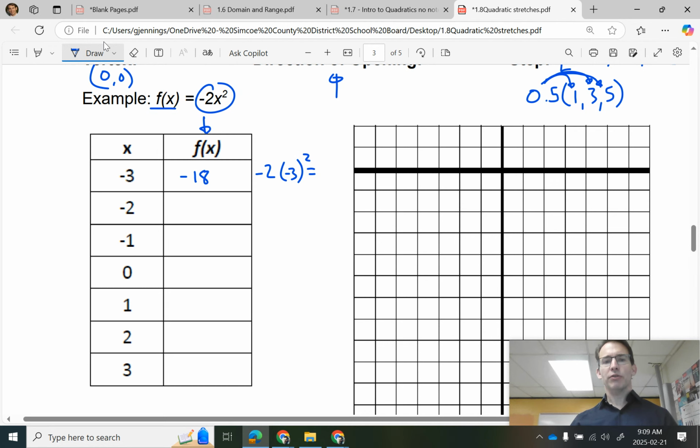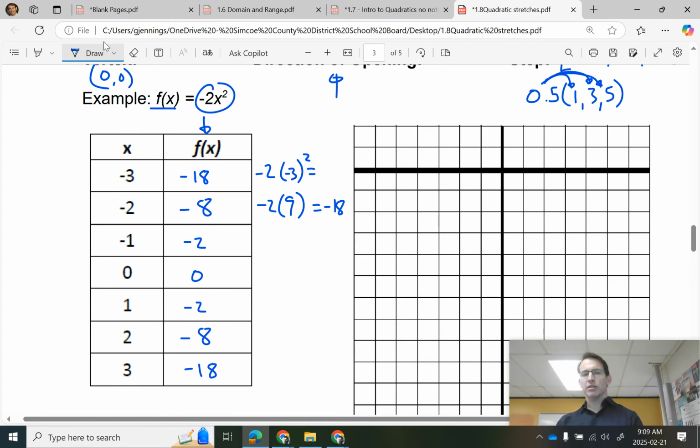Because negative 3 squared is positive 9, but I'm still multiplying that by negative 2. So that's going to give me negative 18. Our other values here are negative 8, negative 2, 0, negative 2, negative 8, and negative 18.